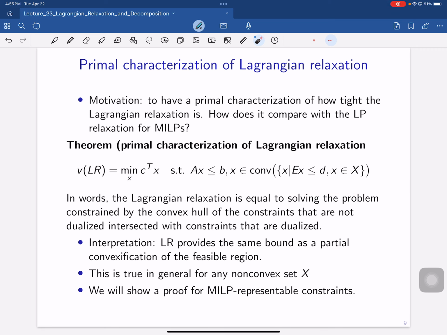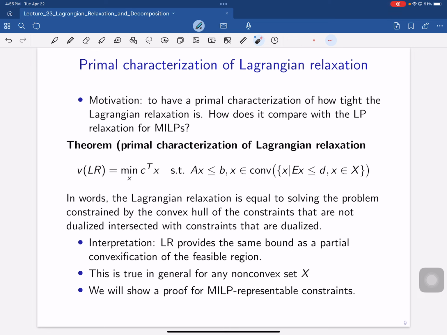We are representing the value of the Lagrangian relaxation using the primal variables only. You have the original linear constraint, the complicating constraint you dualize. And the other constraint we have is the convex hull of the constraints we did not dualize.